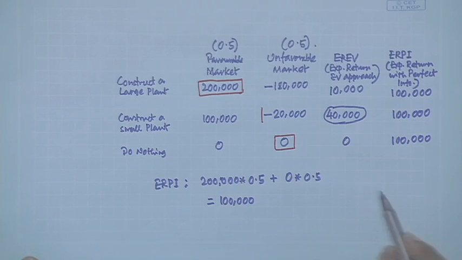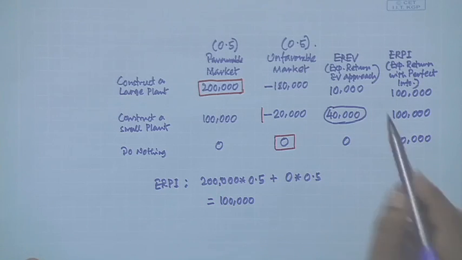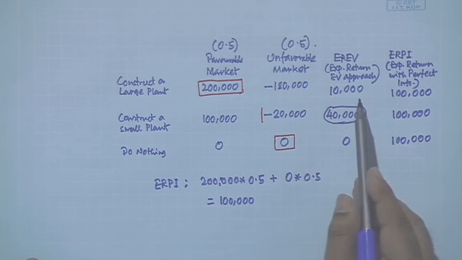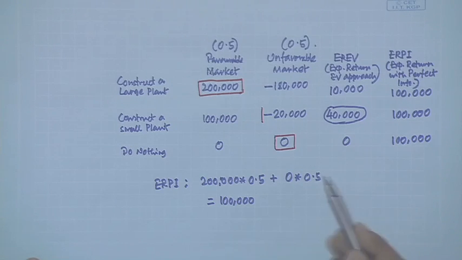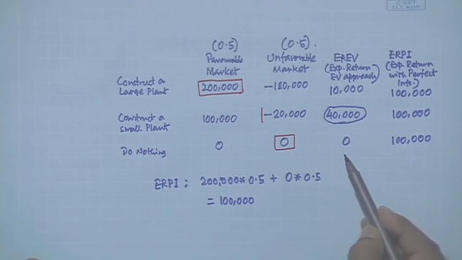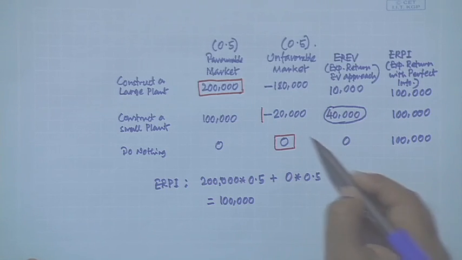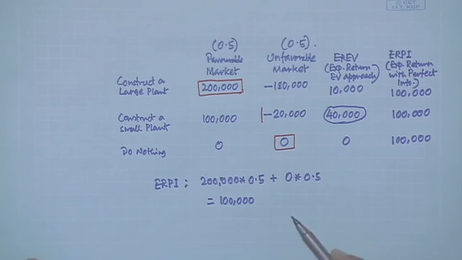So, we have an ERPI of 100,000 and we would have an EREV, expected return of the EV approach, of say 10,000, 40,000 and 0, and our decision would have been 40,000 because that is the highest.